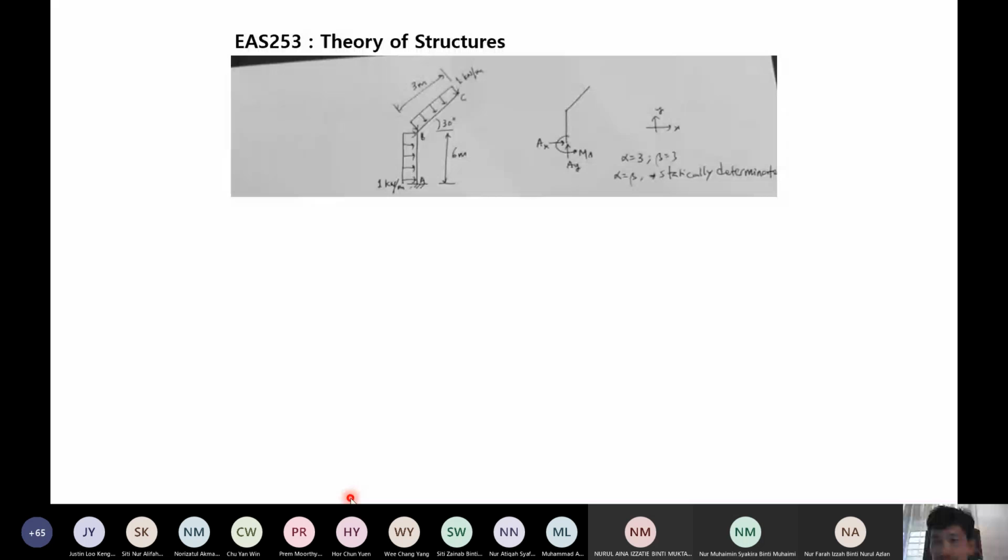Now, there's a question in the chat there, why we don't find the forces for x directions. Now, because there is no force, first of all, if you look at the question, there is no component of this loading which is acting in x directions.